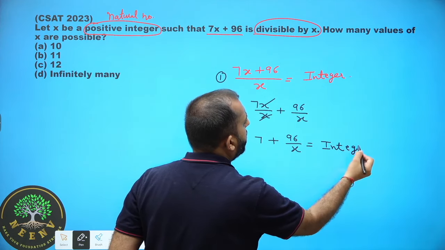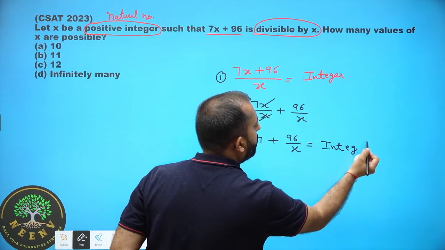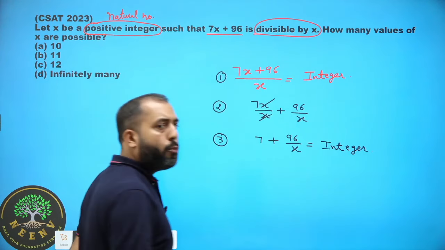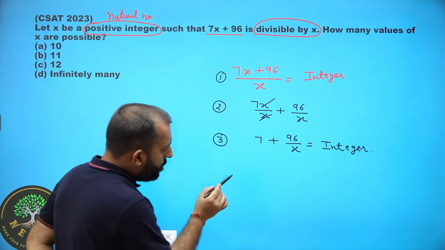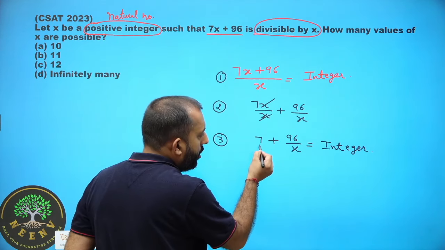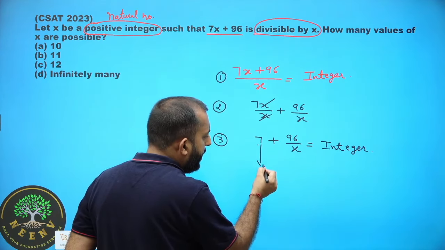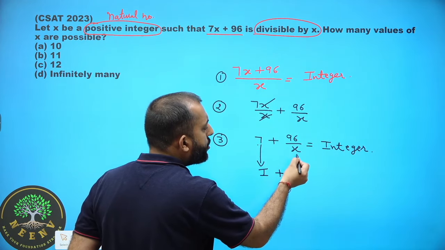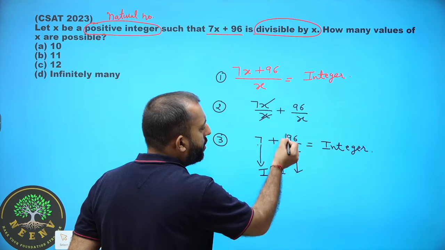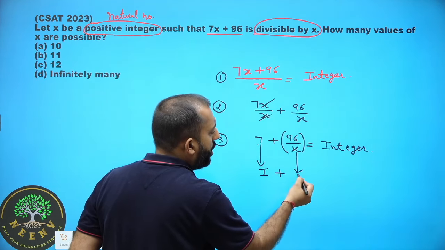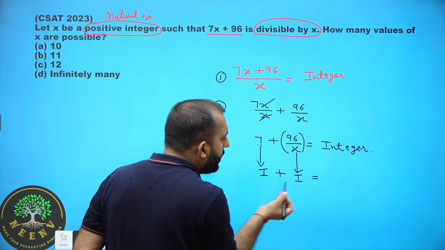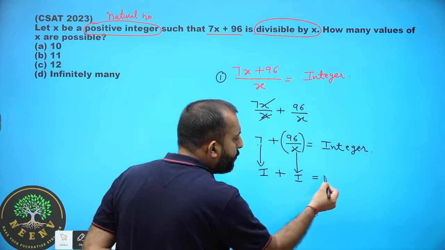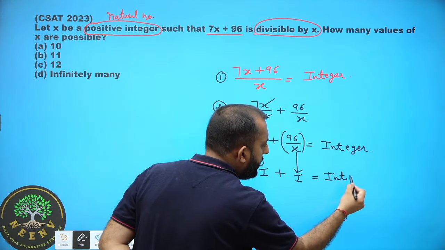Now if I want my answer to be an integer, see, 7 is an integer already, and if by chance we are able to make this part an integer, then integer plus integer will produce what in the result? Integer in the result.